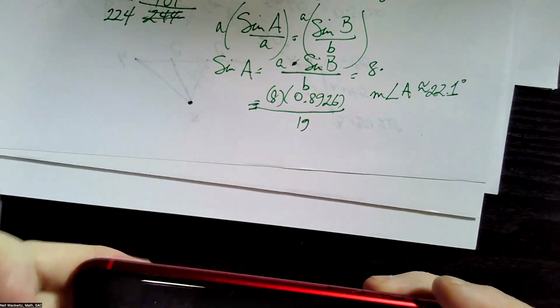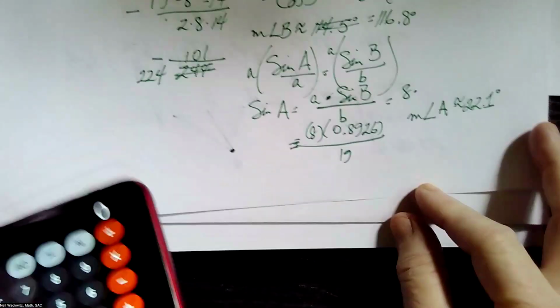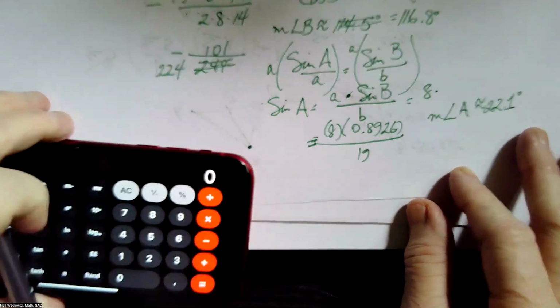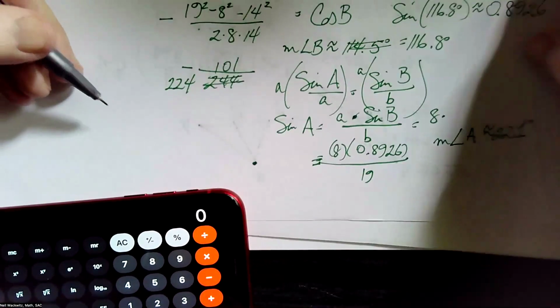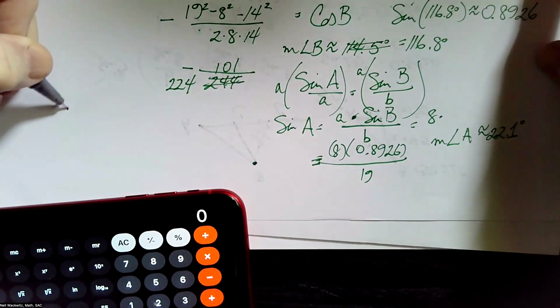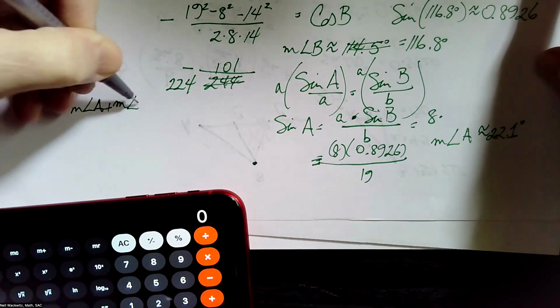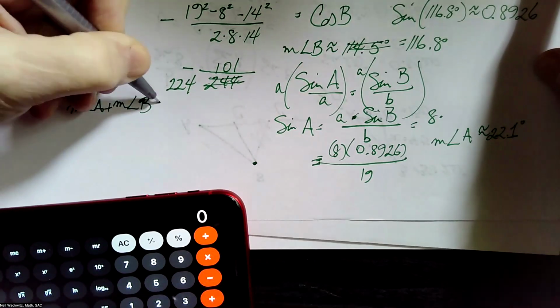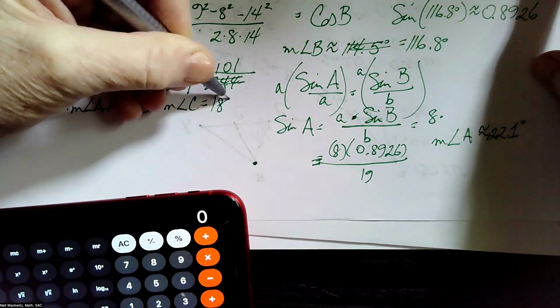And let's find the measure of angle C, the third angle, 2 different ways. Let's find it the obvious way, which is adding the angles and knowing that they're 180. So I know that the measure of angle A plus the measure of angle B plus the measure of angle C is 180.